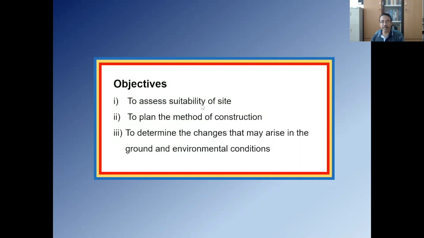So the suitability could be in terms of the location of the proposed site, or maybe depend upon the availability of infrastructure within the proposed project site. So based on that information, we'll be able to assess whether the site is suitable to be developed with the proposed project development. Number 2 is to plan the method of construction.